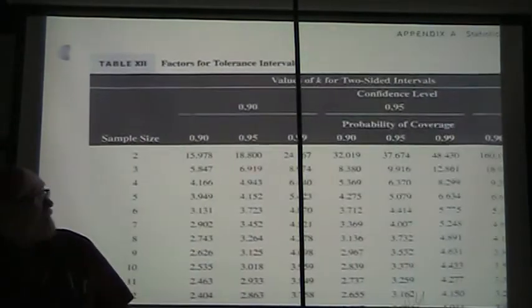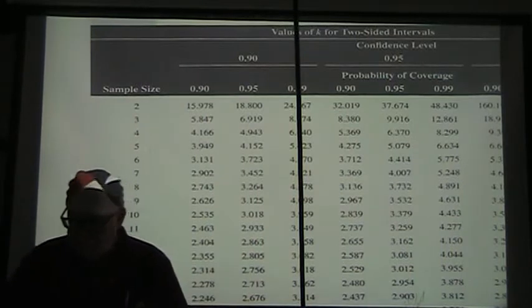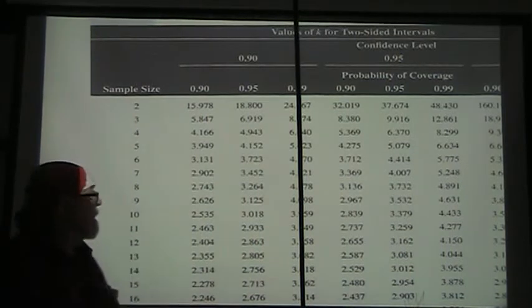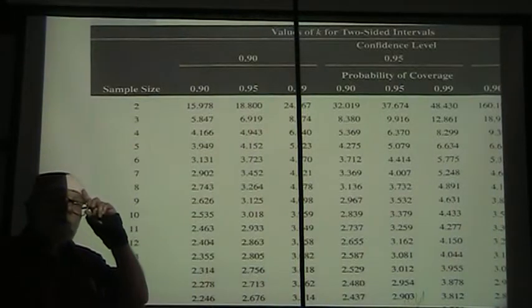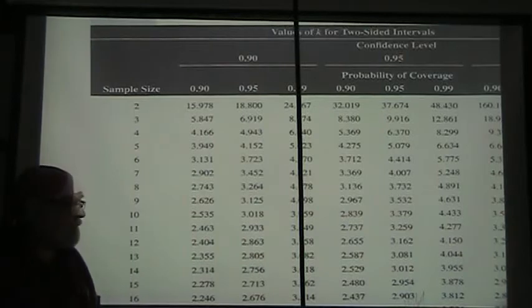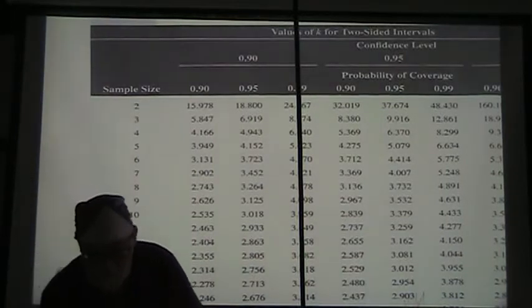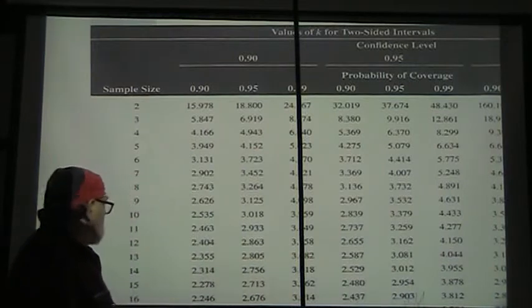All right, so we have to go down a wee little bit more. All right, and how many samples were in that problem? I've already forgotten. Luckily, n equals 22.